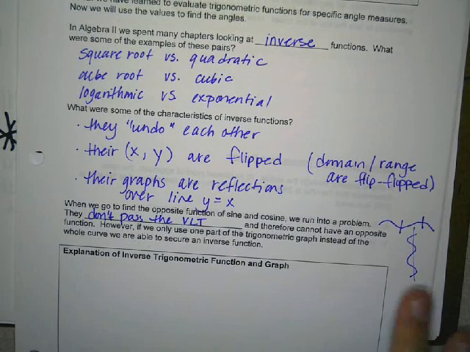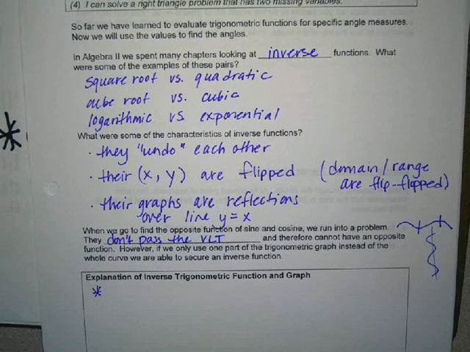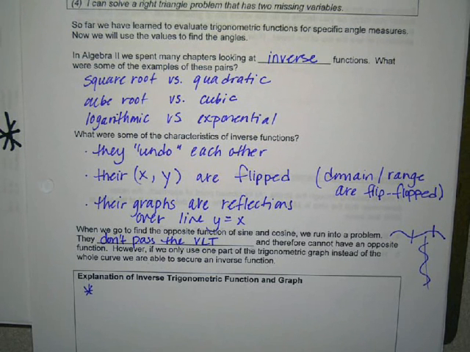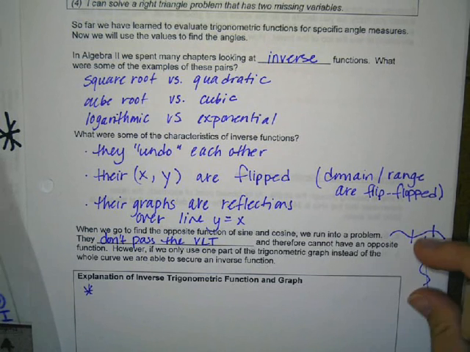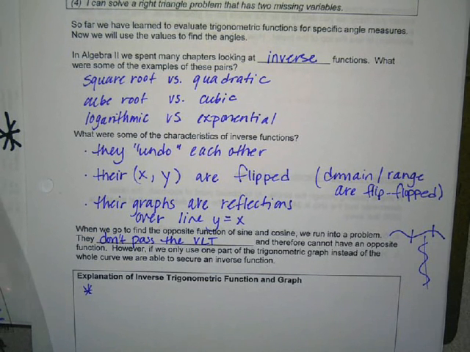Alright, so explanation of an inverse trig function and its graph. Okay, first thing is that when you find the value of a trig function on the calculator, it only finds the value in what we call the principal branch. And again, the principal branch of the graph is the part of the graph where you can flip it to represent the opposite or inverse function, and it would pass the VLT.